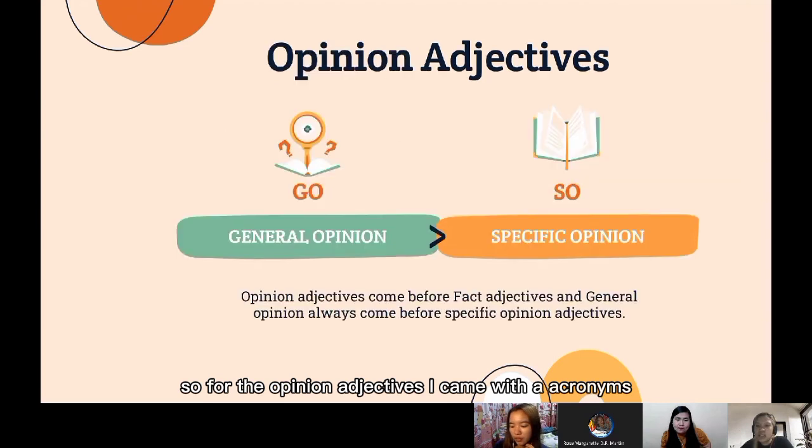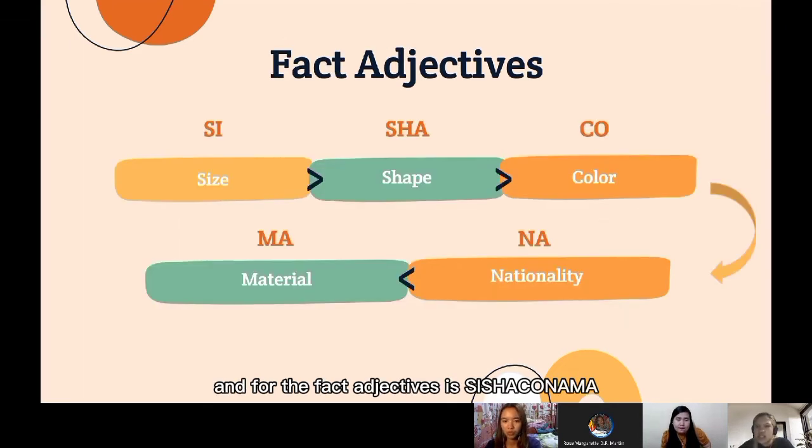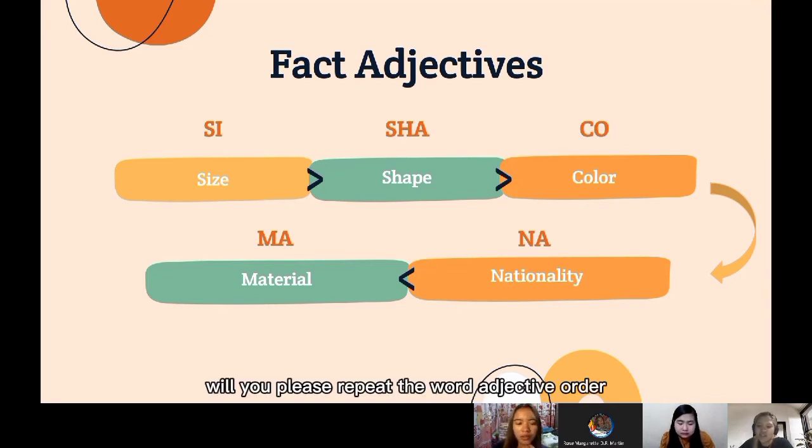So for the opinion adjectives, I came up with an acronym so you would easily remember the adjective order. For the first one, GO SO. And for the fact adjectives, it is Si Sha Ko Na Ma. Please always remember that GO SO always comes first before the Si Sha Ko Na Ma. Will you please repeat the adjective order, Miss Cheska?